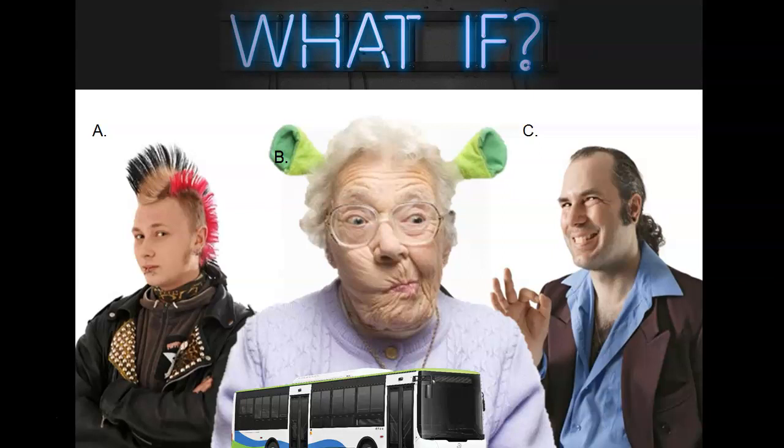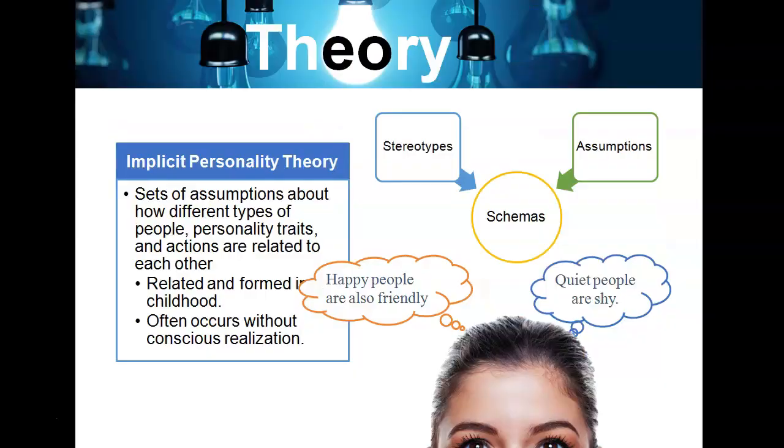And what this is an example of, or what it's showing, is the implicit personality theory. So it's a set of assumptions about how different types of people, personality traits, and actions are related to each other.